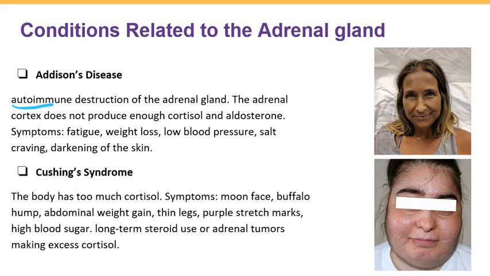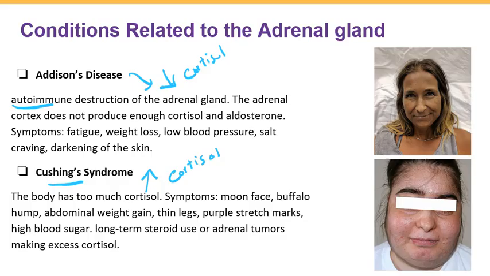Then another condition related to the adrenal gland is because of too much cortisol. Addison disease is low cortisol, or hypoactivity of the adrenal gland, or hyposecretion of cortisol and aldosterone, while Cushing syndrome is hyperactivity or a high level of cortisol, which may result from long-term steroid use, adrenal tumors, or even pituitary gland disorders.